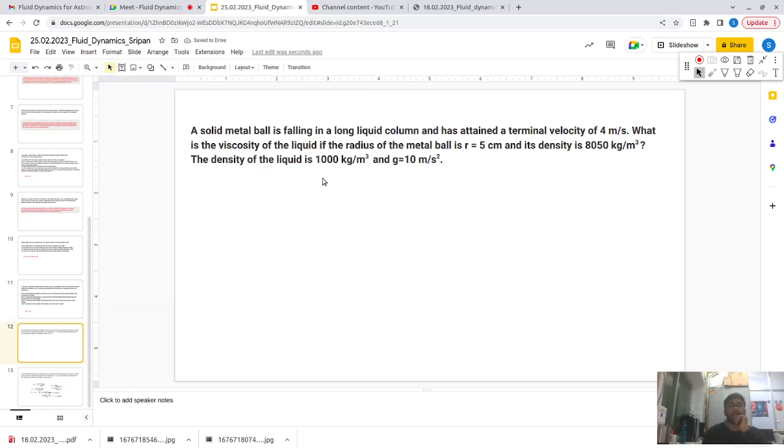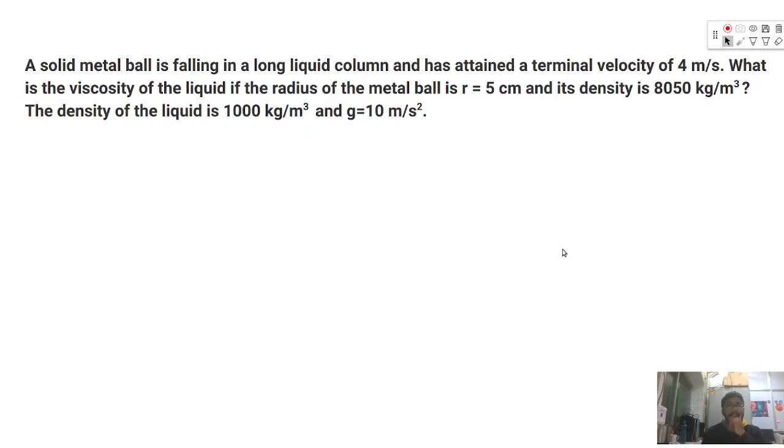Fine. Now we have another question here. You have a solid metal ball which is falling in a long liquid column and has attained a terminal velocity of 4 meter per second.